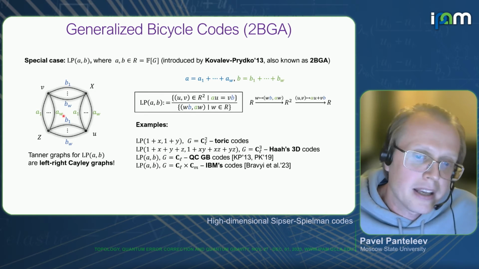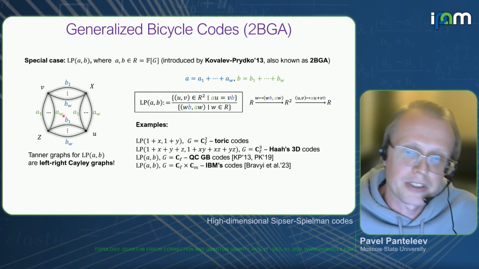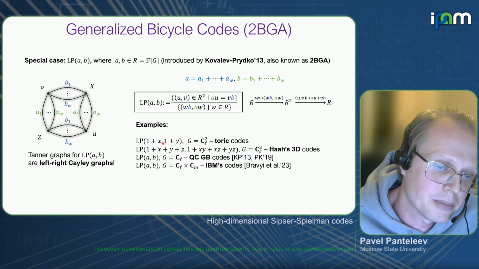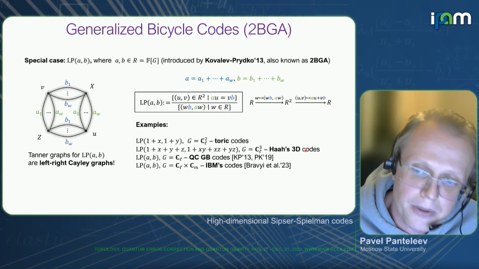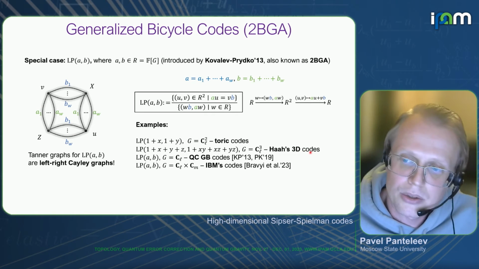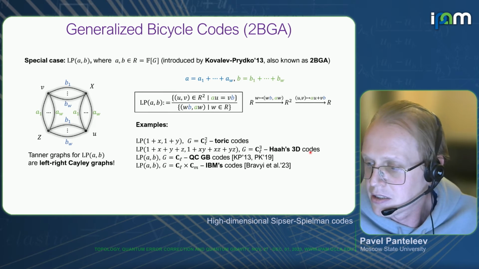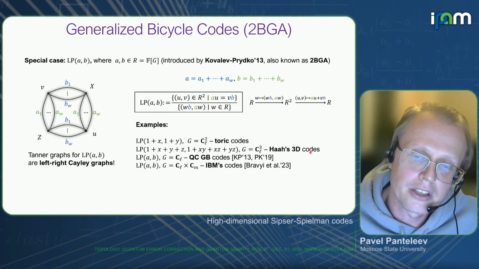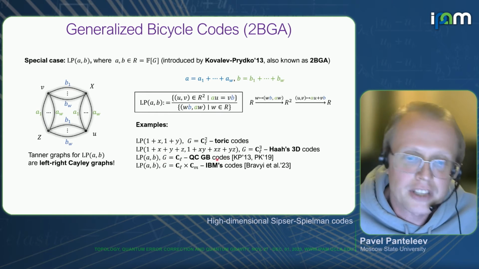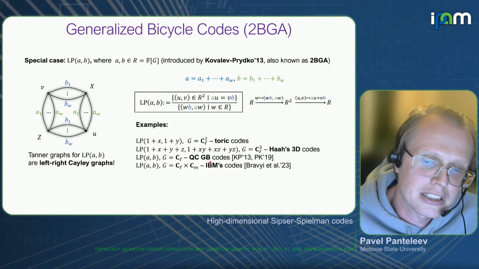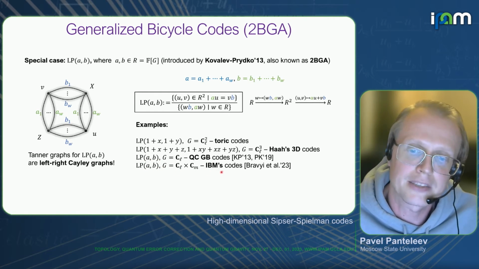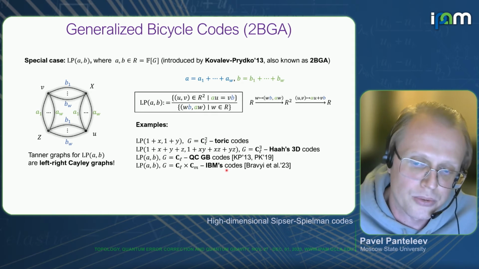Okay, and there are many examples of codes from this family. For example, the famous toric code is just an example of this lifted product code. And the Haah 3D code is also an example. In fact, many other codes, like codes studied by Yoshida, can also be described like this. Some other codes like quasi-cyclic generalized bicycle codes can be described like that. And the newest one that was studied by IBM is also from this family.